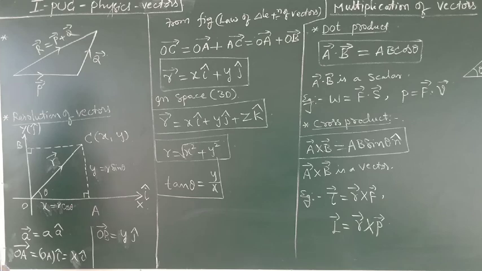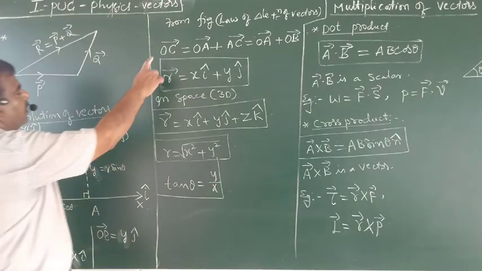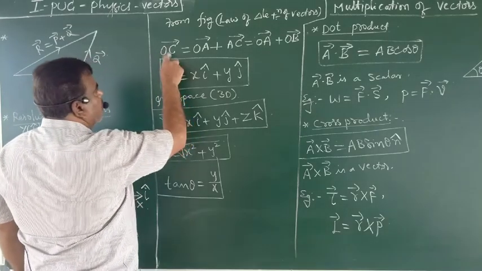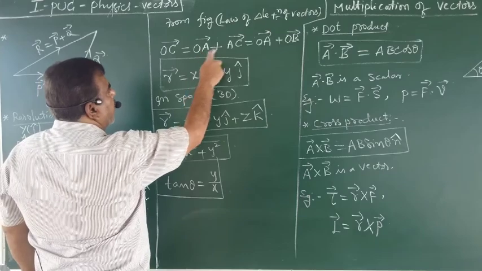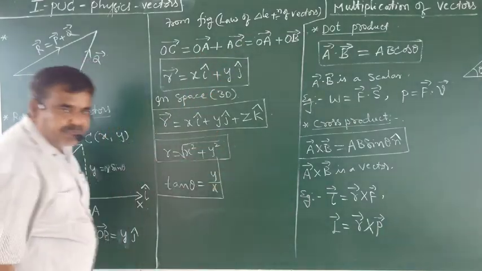Now from the figure, according to the law of triangle of vector addition, this resultant vector is equal to the sum of these two vectors. Just as P plus Q gives R, OA plus AC gives the vector OC. Therefore, the resultant vector OC equals OA plus AC.